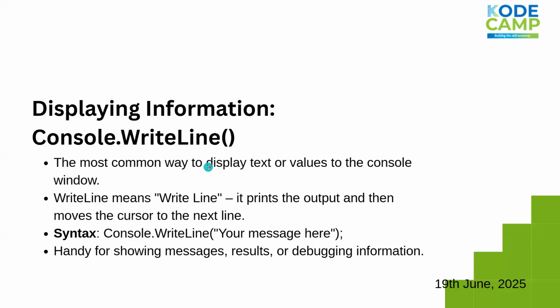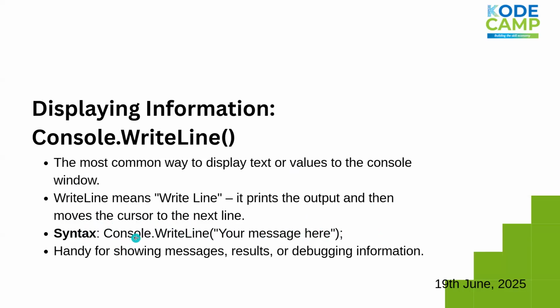So write line, as the name implies, does two things: print whatever you put inside the parentheses, within the double quote, to the screen. So whatever you put within the double quote in that string is what you see in the console, okay? And over here, we have the syntax, which everyone is familiar with, console.WriteLine, a message here, and all.